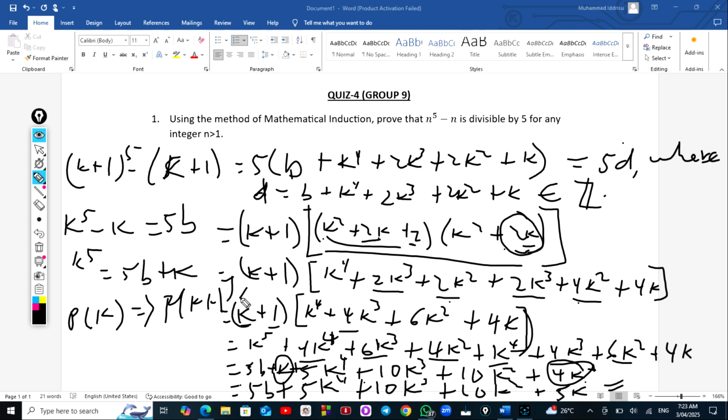And I further argue that this is true for all integers. I've shown it with 0, you can check it, 0 to the power 5 is 0 minus 0, 0 is divisible by 5.